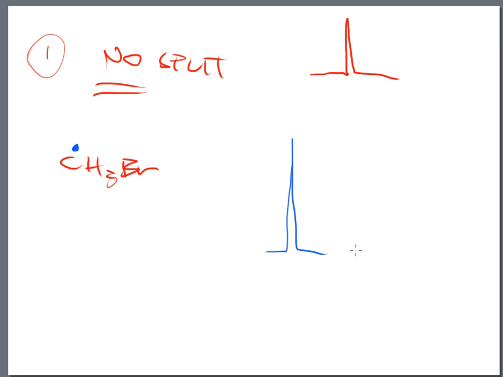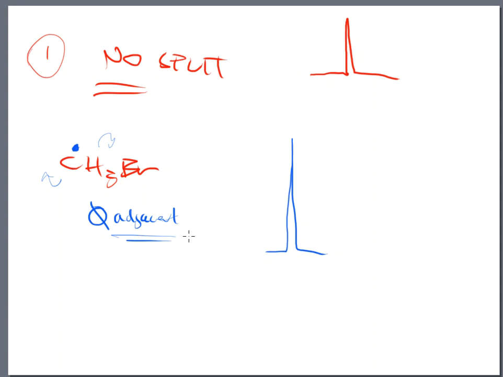So the idea of splitting is all about neighbor protons. All right, well, this is pretty easy. It's kind of predictable, right? So if I take a look at this particular carbon, well, there's no neighbor to the left, and there's no neighbor that carries protons on the right. So because I don't have any adjacent protons, look at this. There are no adjacent.